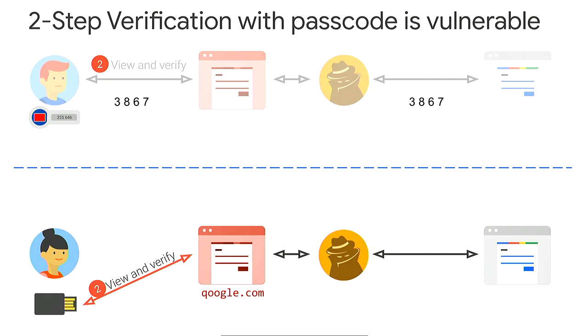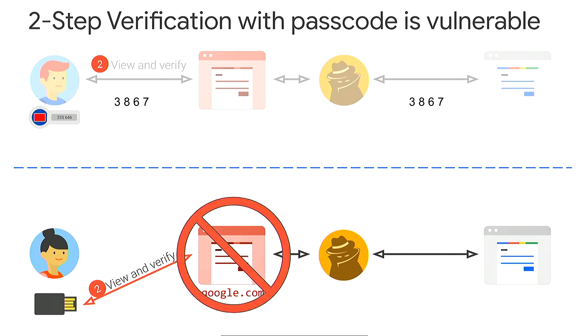But the security key sees that this Google.com is not the real Google.com and is not going to send the authentication. As a result, the authentication is going to fail, and the man in the middle will not be able to access the legitimate site.